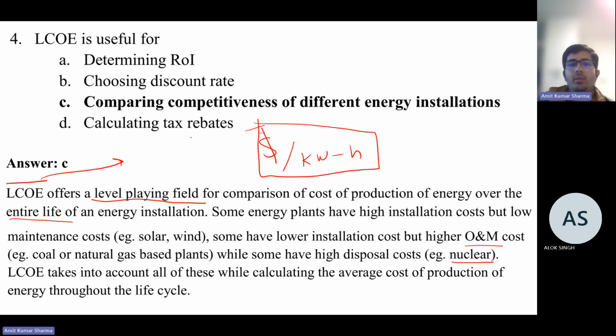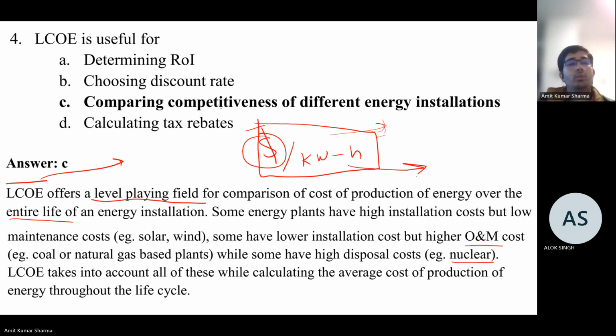From this, we can find out that to generate 1 kilowatt hour of energy, we need this much amount of money. So that's very useful. If we know this, based on this we can also decide the selling price so that our company or our plant will be in profit only.